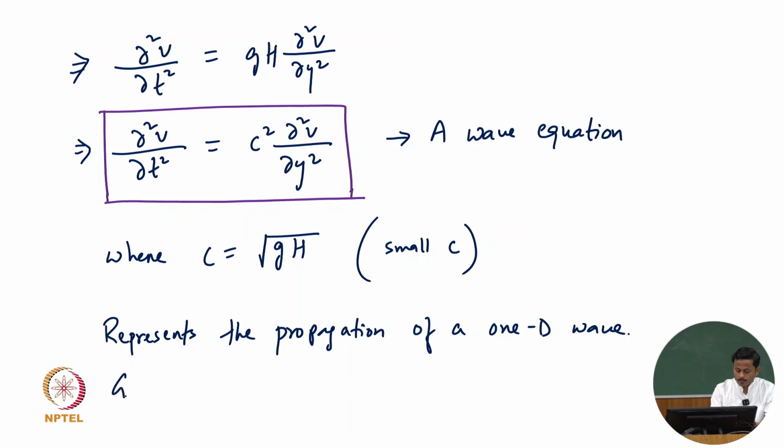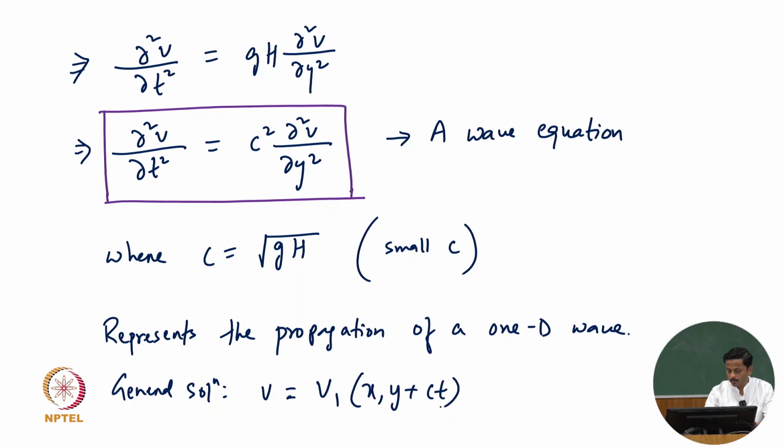The general solution to the above equation is v equal to V1(x, y plus ct) plus V2(x, y minus ct), where V1 and V2 are some functions, and these are waves traveling in opposite directions.